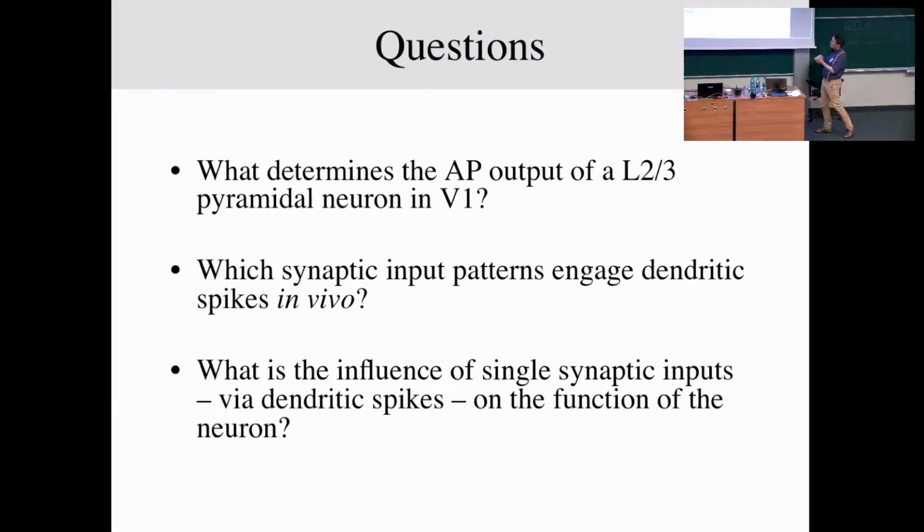And you can also turn this around and ask, which synaptic input patterns are especially strong and suited to produce output? And then how is it that this works this way? So how would you have to conceptualize the effect of the input via dendritic spiking to action potentials at the soma?